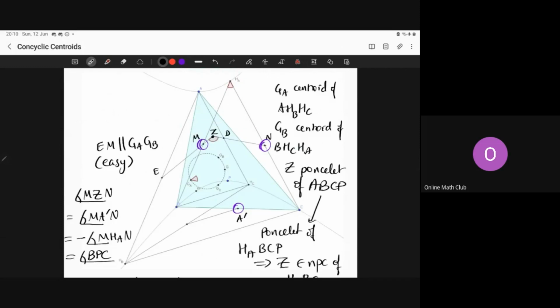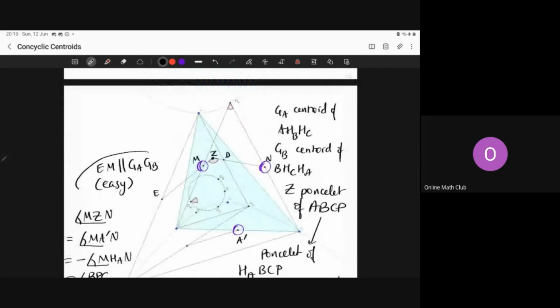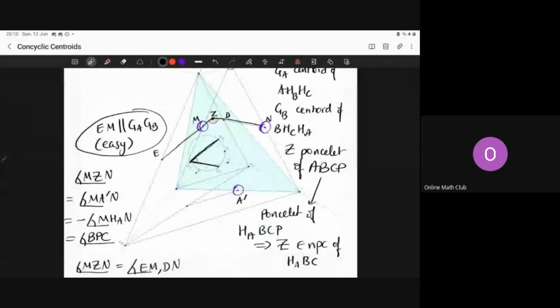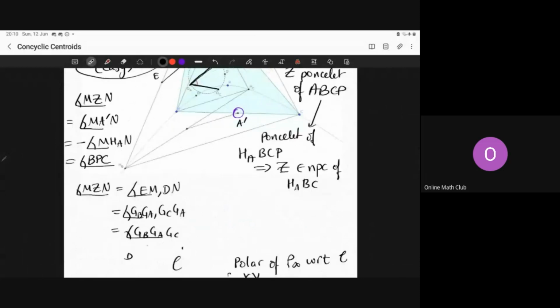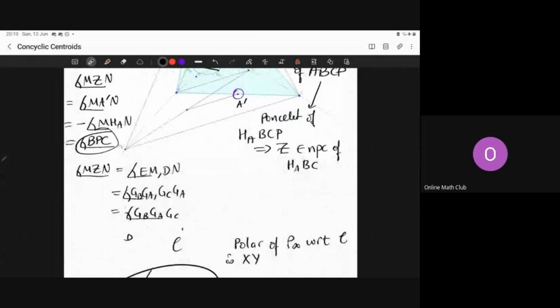Also, this is what I've shown. EM is parallel to GAGB. These two lines are parallel. Similarly, these two lines are parallel. So that is equal to angle GBGAGC, and MZN equals angle BPC.